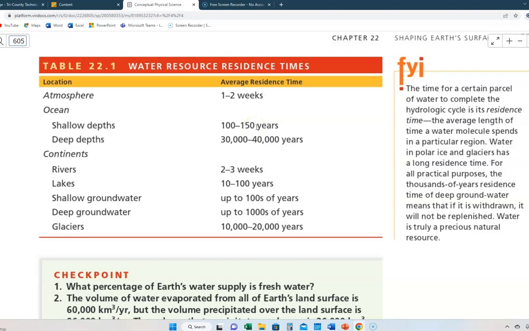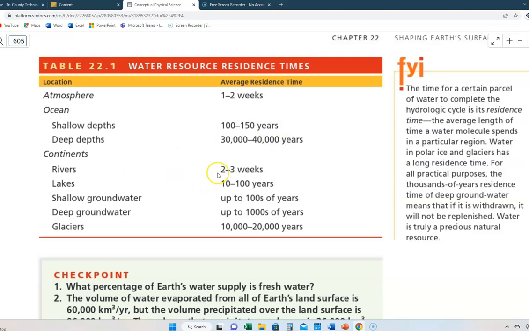You take a certain amount of water, 100 or 200 meters underneath the surface of the ocean, and that little volume of water will stay there as shallow water for about 100 to 150 years. The water in the very deep oceans, the deepest parts, can stay there anywhere from 30 to 40,000 years.